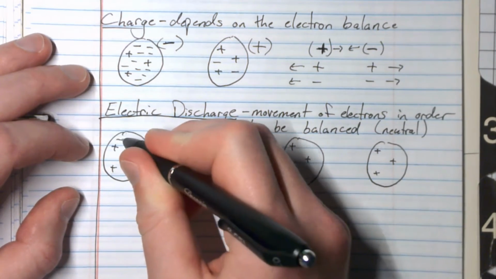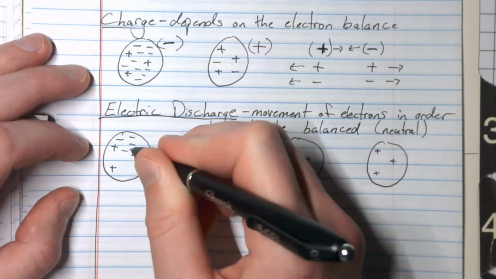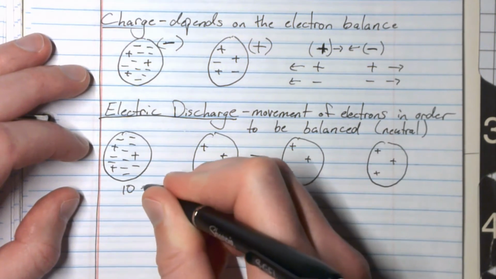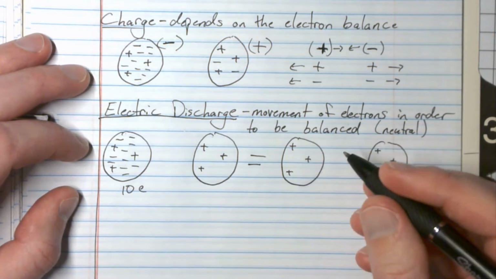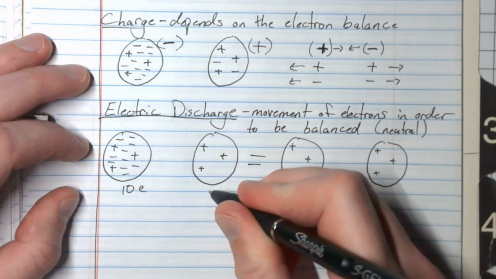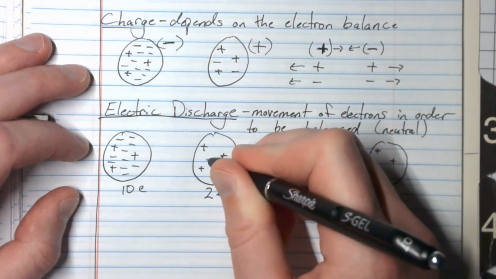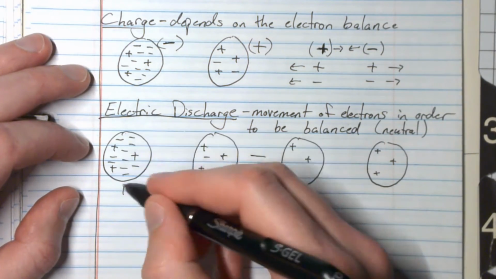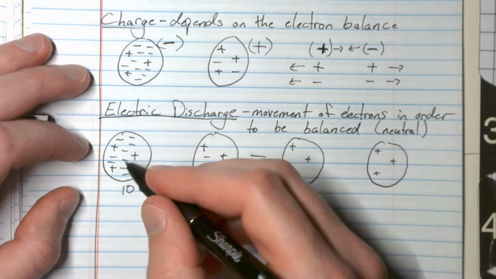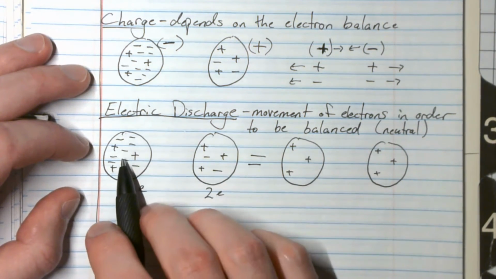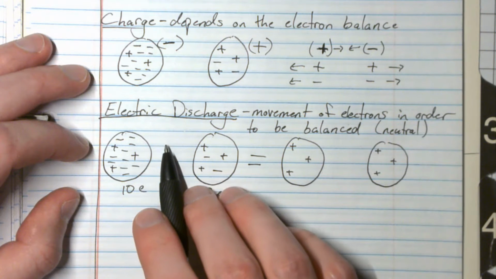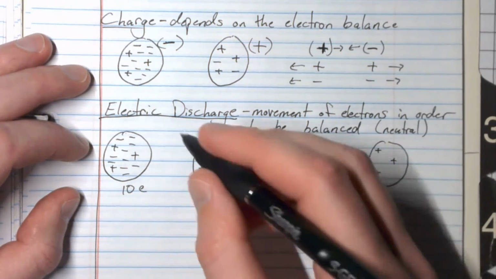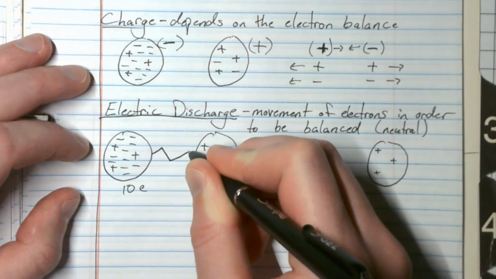I'm going to put 10 again. 1, 2, 3, 4, 5, 6, 7, 8, 9, 10. There are 10 electrons in this one. Let's say I only have 2 electrons in this one. So I have a negative and a negative. This one has way too many electrons, and so it's going to want to get rid of those. And in order to do that, it's actually going to cause this flow of electrons to somewhere else to make it balanced.